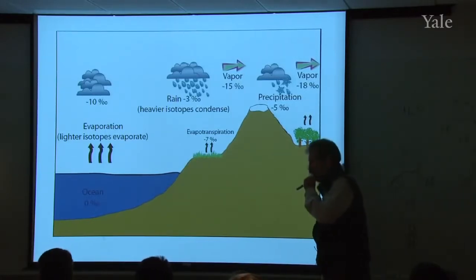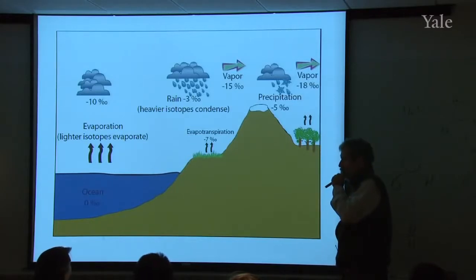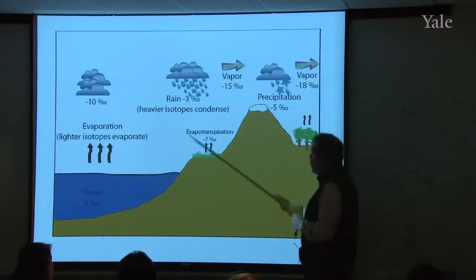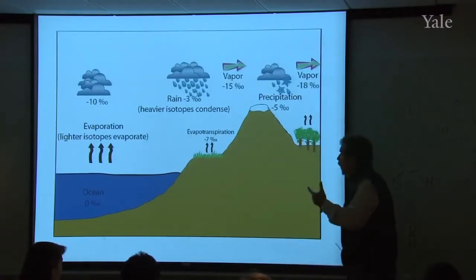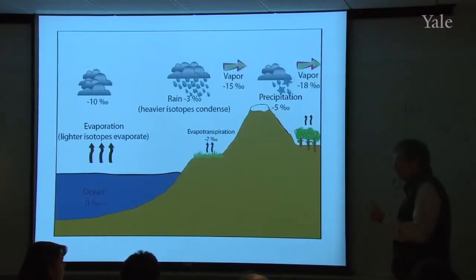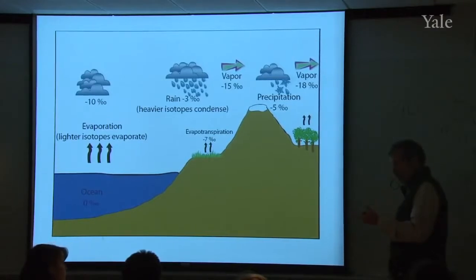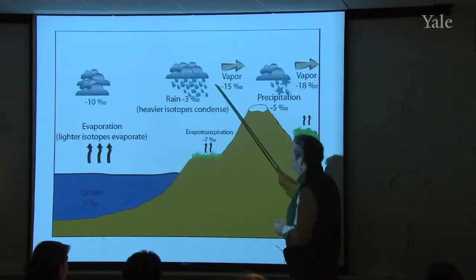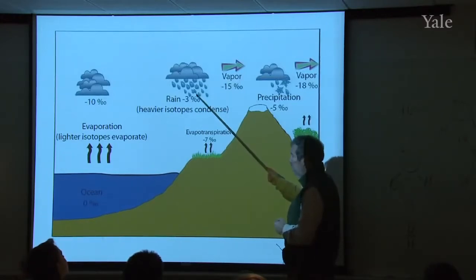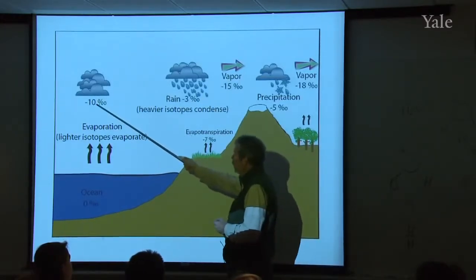So what's the difference between the rain and the precipitation? Why is one lighter than the other? Well, this is the rain. Rain and precipitation I'm using synonymously. But I'm drawing a stark contrast between the vapor and the rain. So here the vapor you're starting with is minus 10 per mil.